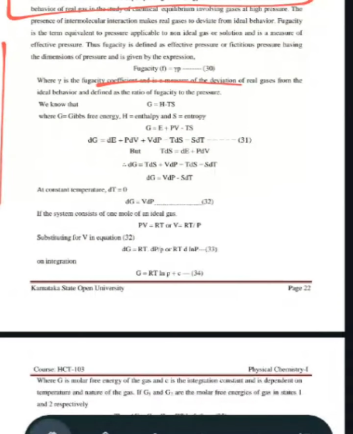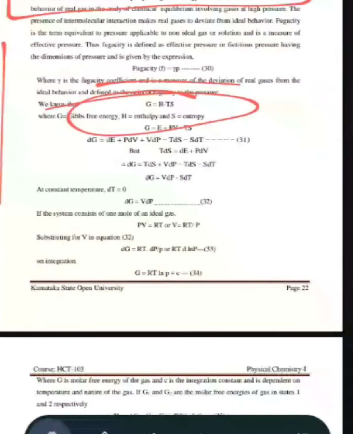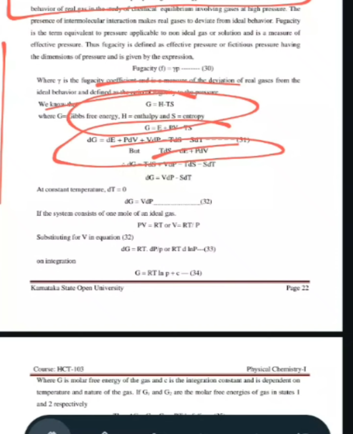So here, by applying Gibbs free energy, G is equal to H minus TS. G is the Gibbs free energy, H is the enthalpy of the system and S is the entropy of the system. Further, G is equal to E plus PV minus TS.